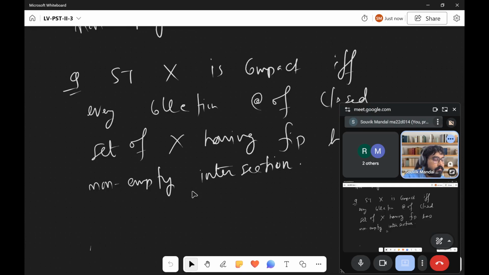Sorry, having FIP has non-empty intersection. That means if you take any collection C which has FIP, then all members of C have non-empty intersection. If this happens, then X is compact, and vice versa. Okay, is the question clear?